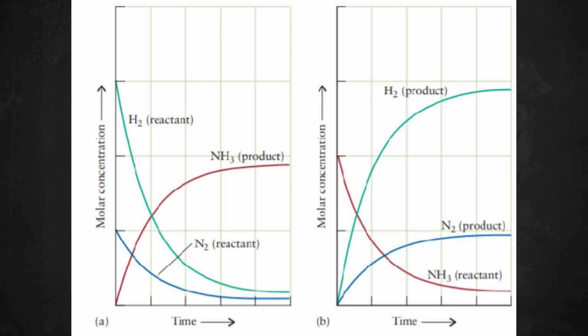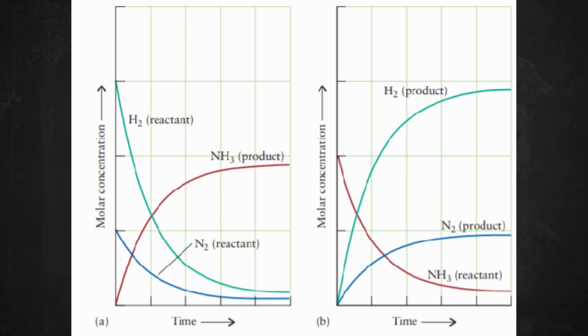Here in graph B, that's the reaction of the decomposition of ammonia. So the ammonia is the reactant and the products are the gas hydrogen and the gas nitrogen. At first we have the highest concentration for ammonia and zero for hydrogen and nitrogen. But with the progress of the reaction, we can see the rising of the hydrogen concentration and the nitrogen concentration.